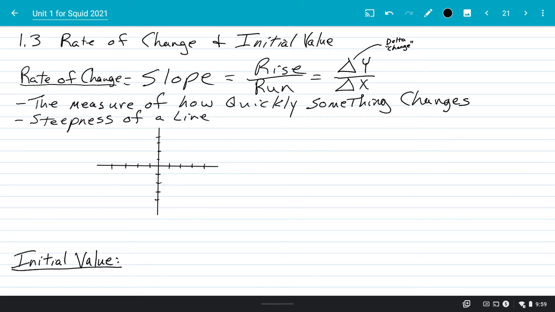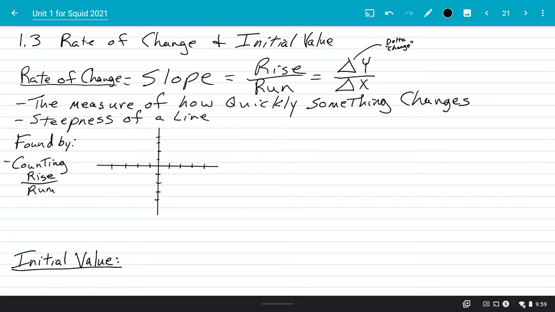Now, rate of change can be found a couple ways. It can be found by counting it, which is the easiest way, counting the rise and the run. So that's the first way.